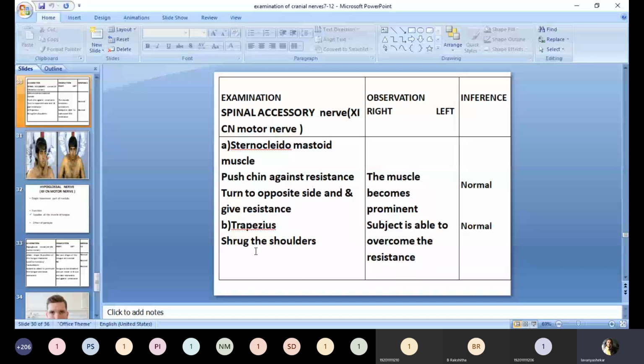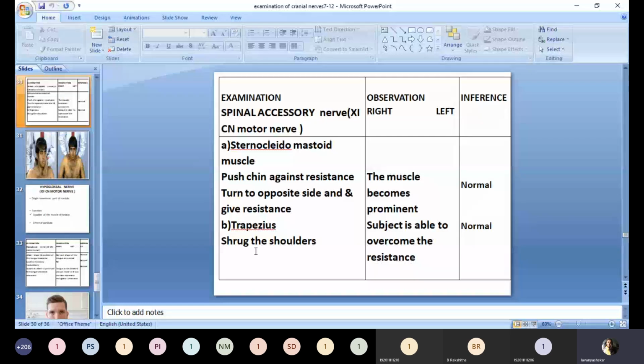When both the sides of the sternocleidomastoid muscles act together, the head is flexed. Ask the subject to flex the head and the examiner will apply passive resistance from below. If the muscle is paralyzed, the subject will not be able to flex the head.